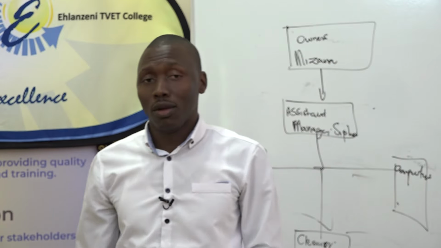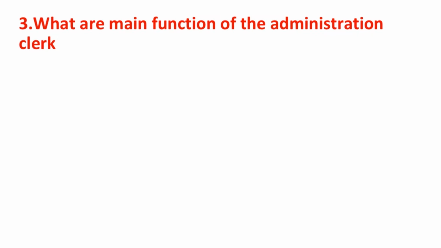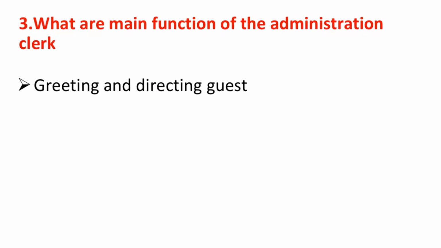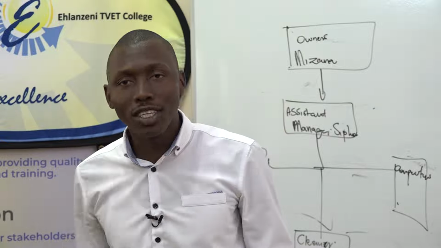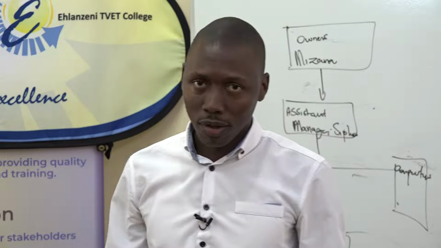Another question: what are the main functions of the administration clerk? Remember, we have taken this example from a previous question paper. Now let's look at the functions of an administration clerk. The first thing that she does, she greets and directs guests. Remember, we say an admin clerk is the face of an organization.